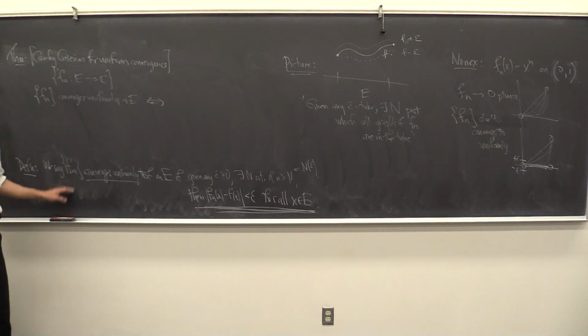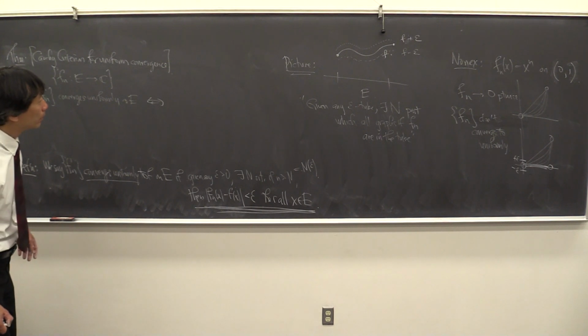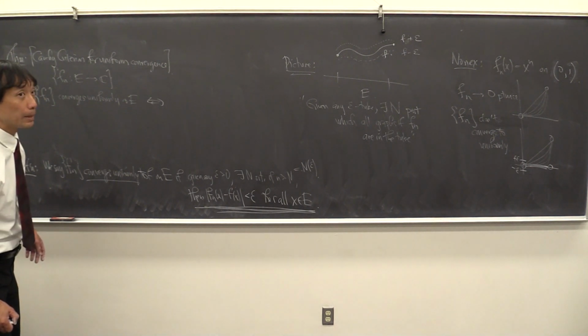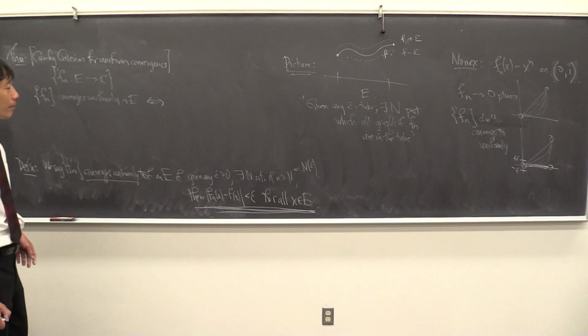can anybody guess what this is going to be? Converging uniformly on E. We want to think of it in terms of the Cauchiness. Go ahead. It is a distance between two points approaching zero.